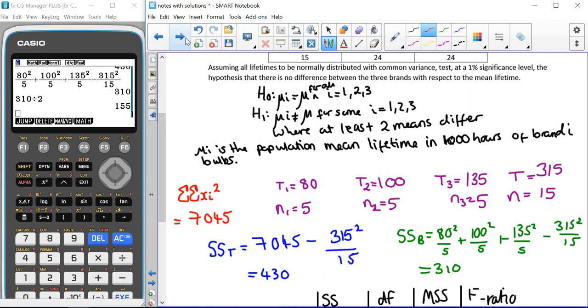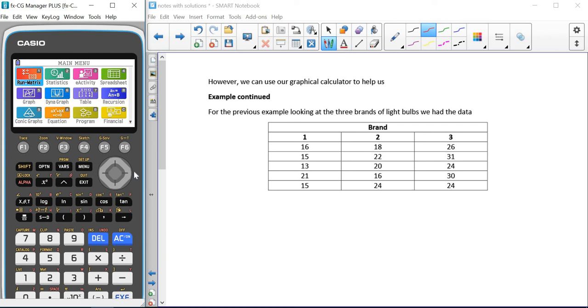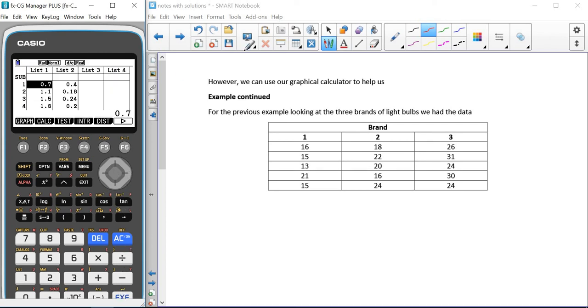Now luckily we do have the graphical calculator, and there's a much quicker and easier way to do this. So using our graphical calculator, if we go into Stat, this is where we're going to put our information. But first, we're doing the same test as before. So our H0 is that mu I equals mu for all I equals 1, 2 or 3, because we've got 3 brands.